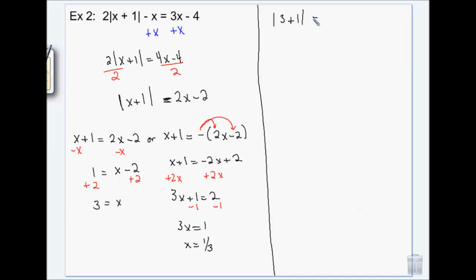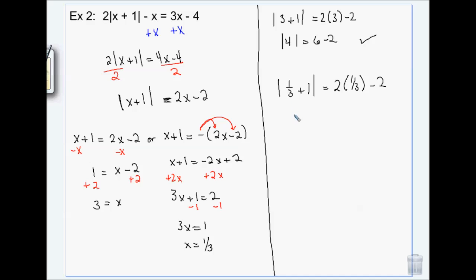So I get the absolute value of 4 is equal to 6 minus 2. So 4 equals 4, that's true. If I plug in the 1/3, just minus 2.